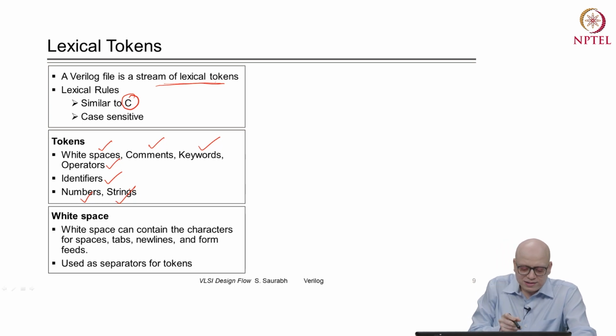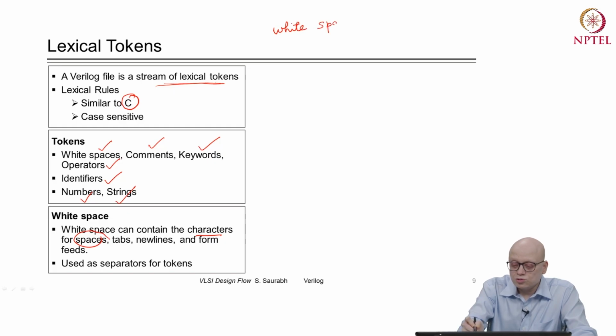White space can contain the characters of spaces. For example, if I write the words white space, between these two words this is a space, and this is white space.